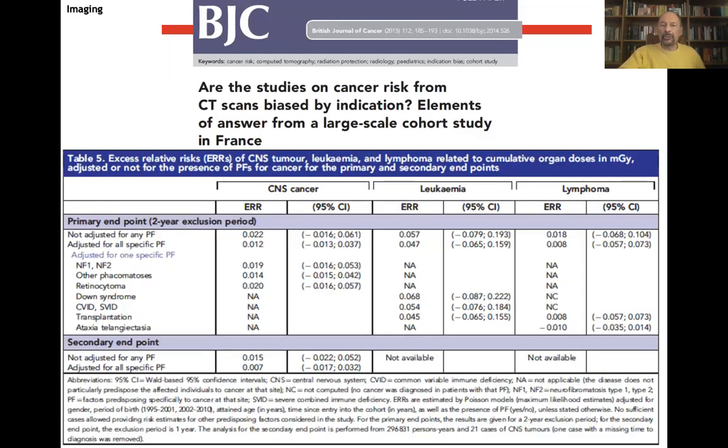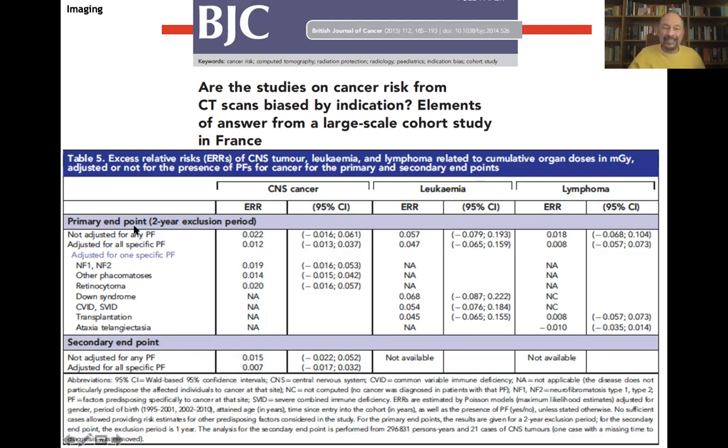And this is interesting. The study published in the British Journal of Cancer not so long after the first one, in 2015, since the original study was 2012, looks at whether the studies on cancer risk from CT scans are biased by indication.